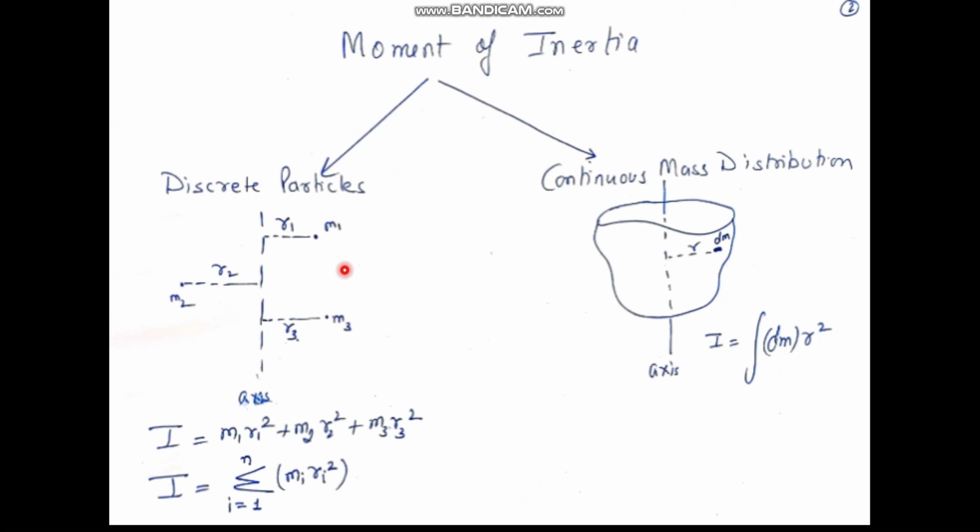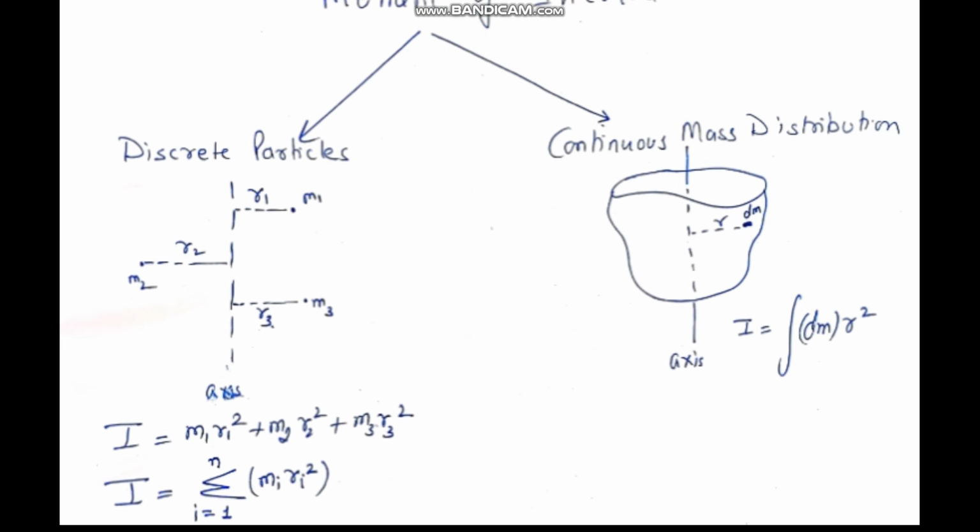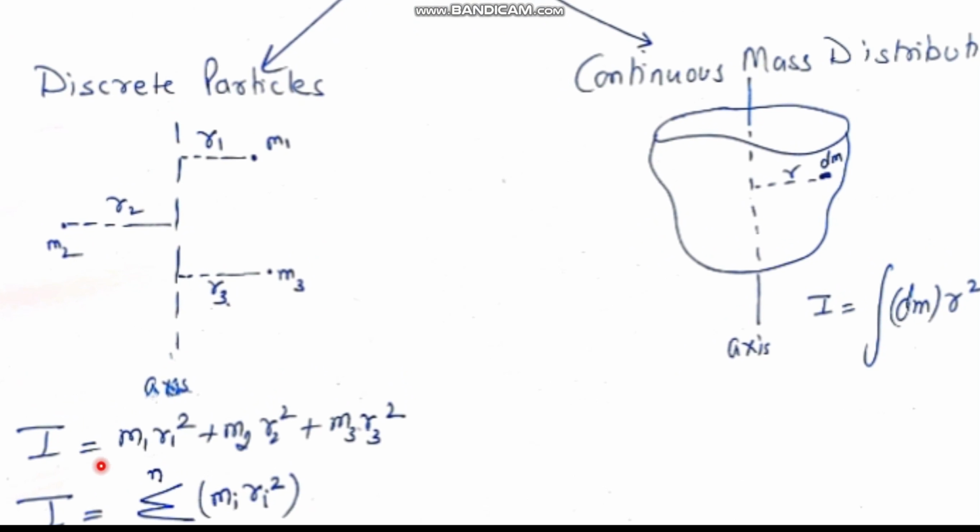For example, in the figure, m1 is at a distance r1, m2 is at a distance r2, and m3 is at a distance r3 from the axis of rotation. For such a system of particles, the moment of inertia is given by I = m1 r1² + m2 r2² + m3 r3².